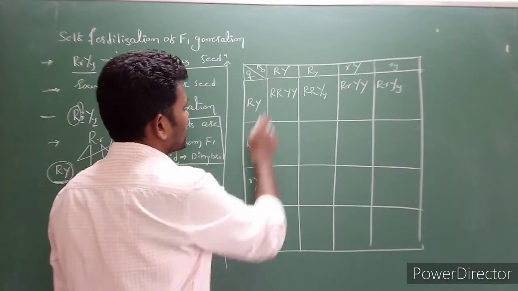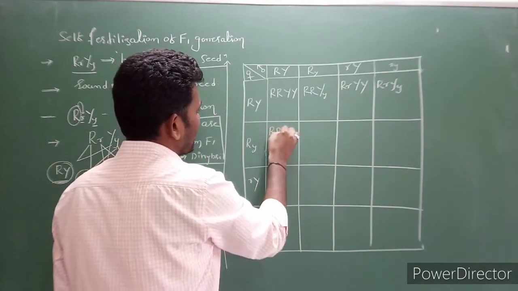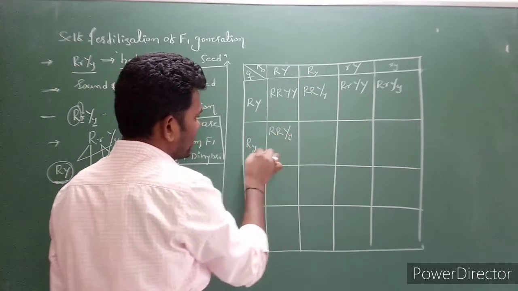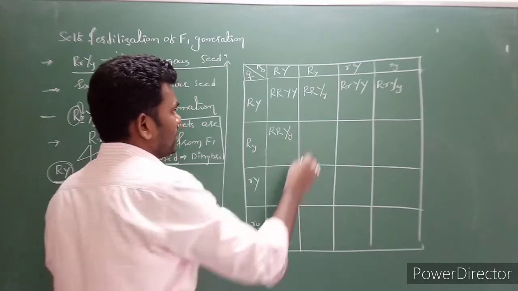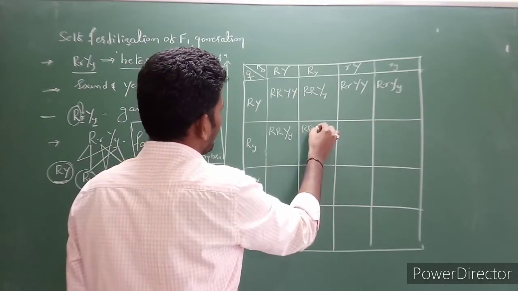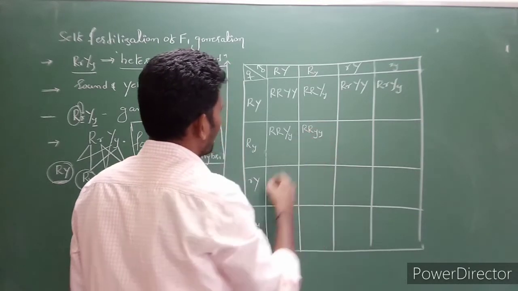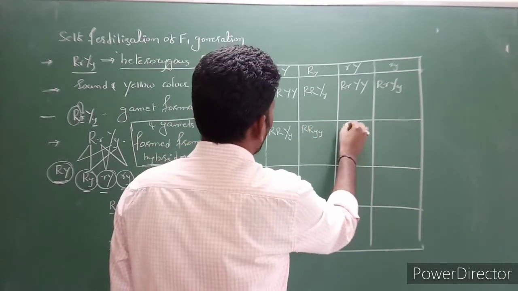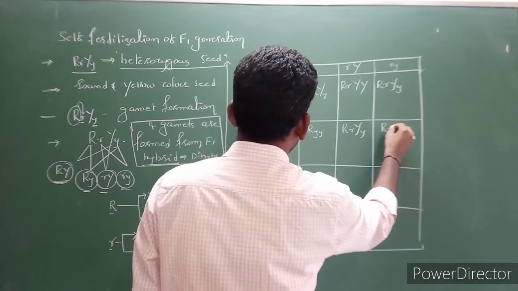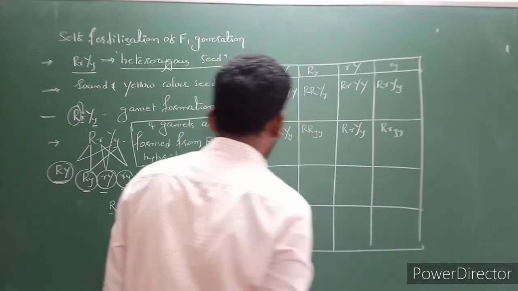Okay. Next, capital R, capital Y and small y. First we have to write capital Y, next we have to write small y. Same way, capital R, small y, small y. Capital R, small r, capital Y, small y; capital R, small y, small y.